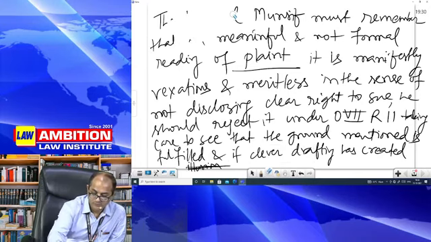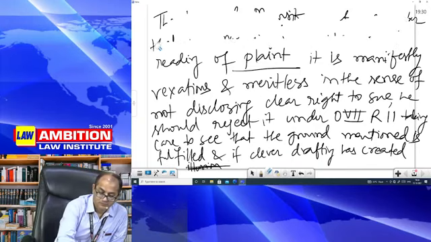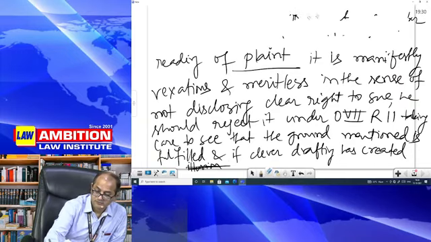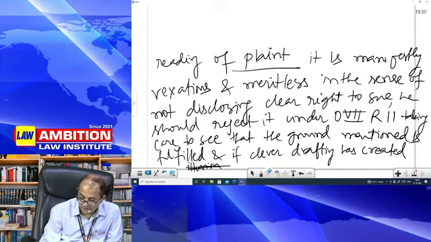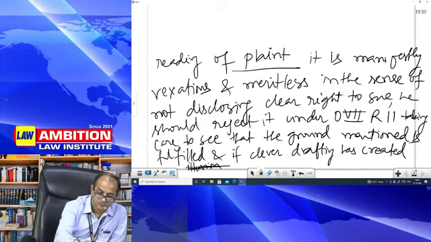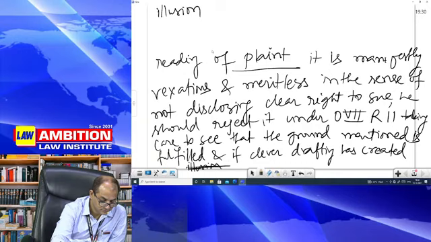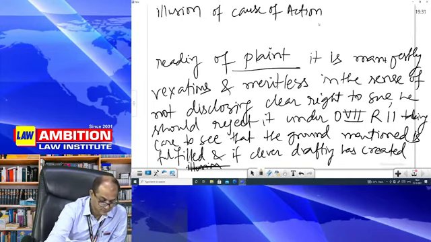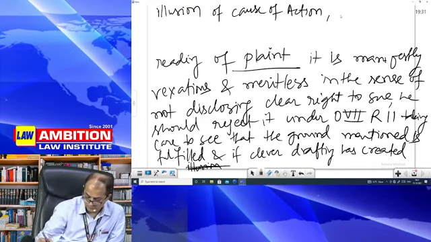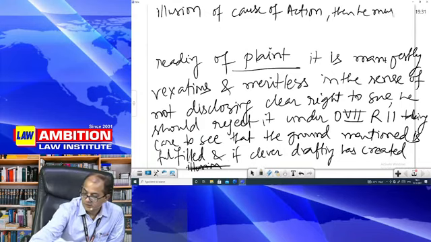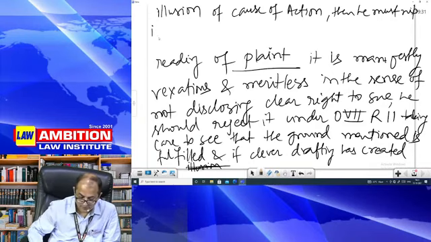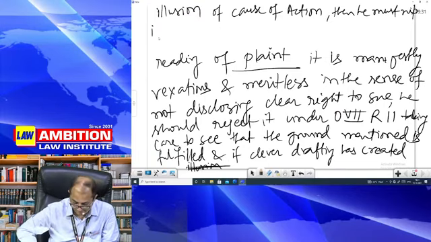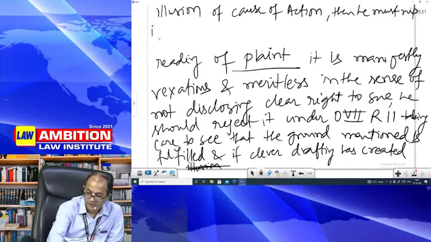If clever drafting has created illusion of cause of action, then he must nip it in the bud.